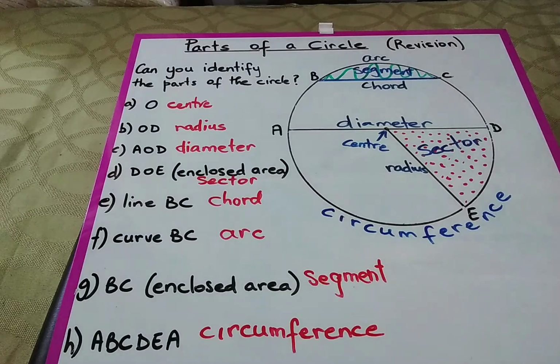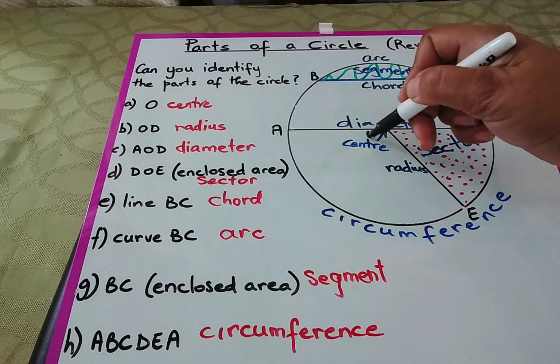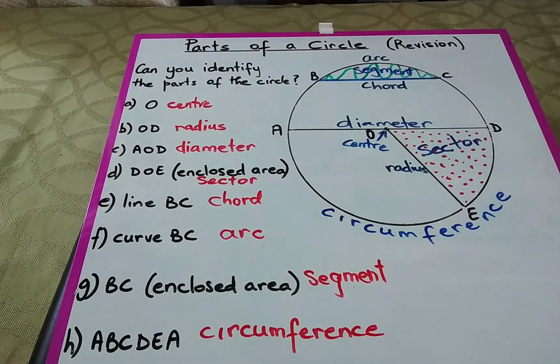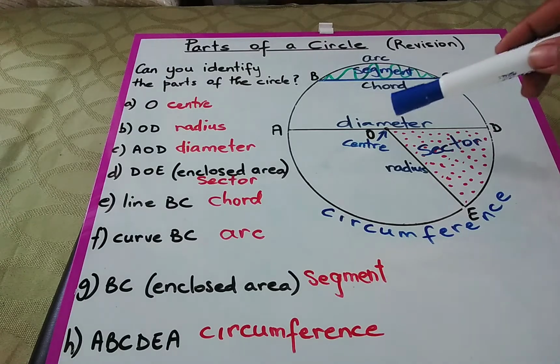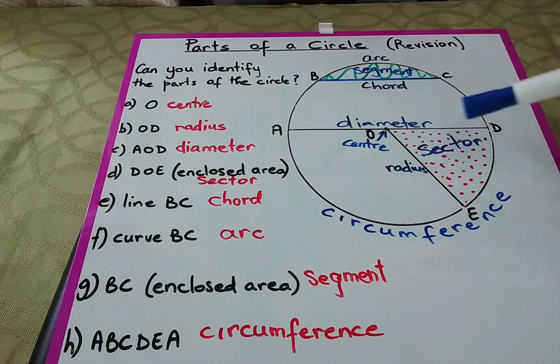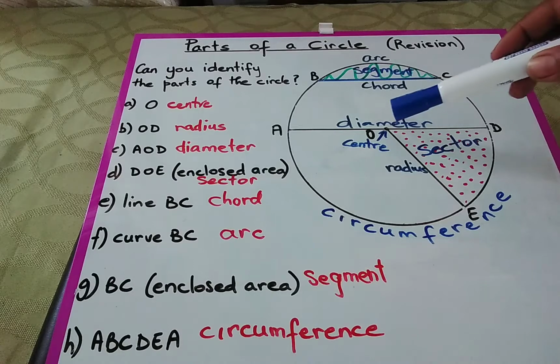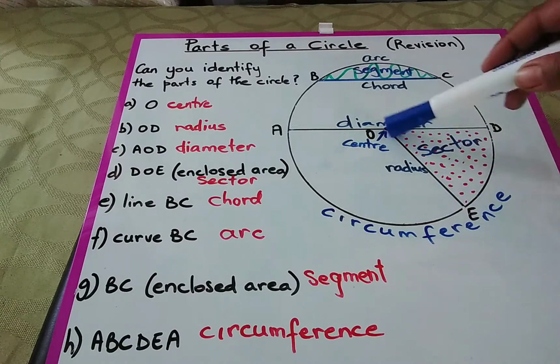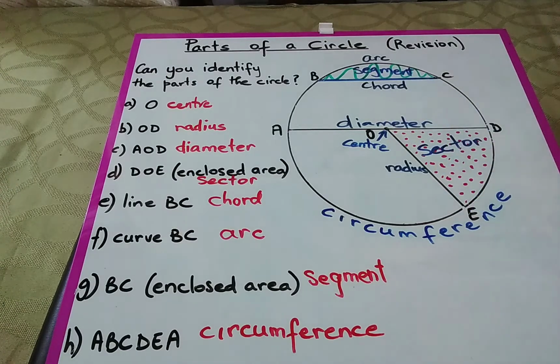So there we have it. We have all of it labeled. We have the center labeled O. I remove the O. We have the radius from the center to the edge of the circle. There is another radius here, and another radius, two radii.